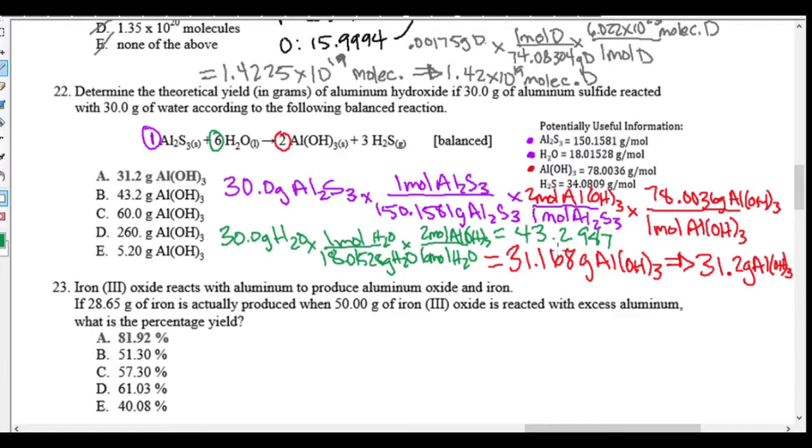So you would get this mass. This is far less than that. So that would be your correct answer. If you just did water, that answer shows up here, but it's not right, because this is less than that.